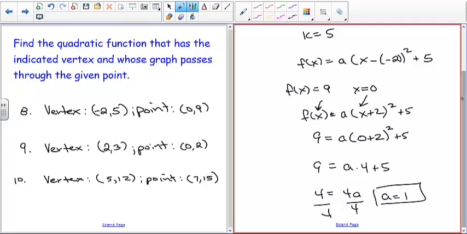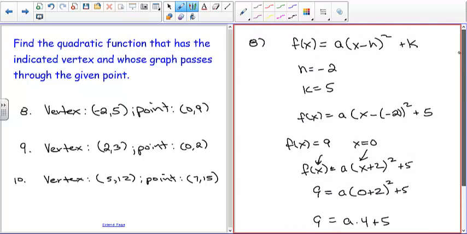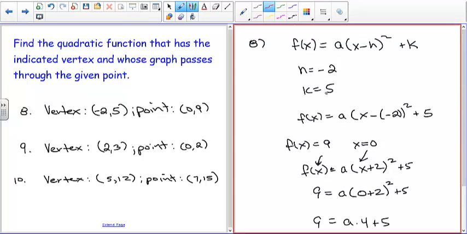So now we can go back up here and write in the function. So the actual function is 1 times x plus 2 squared plus 5. And of course you don't need that 1, so we would say f of x equals x plus 2 squared plus 5.